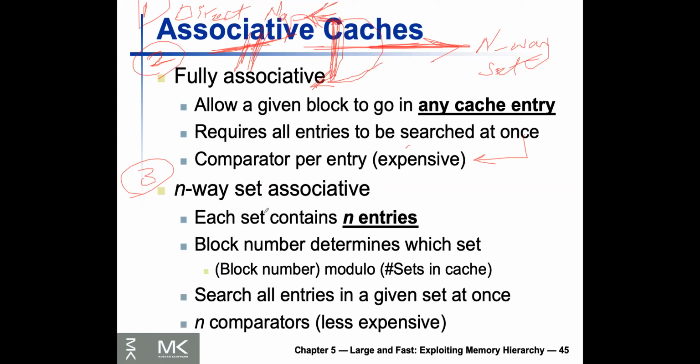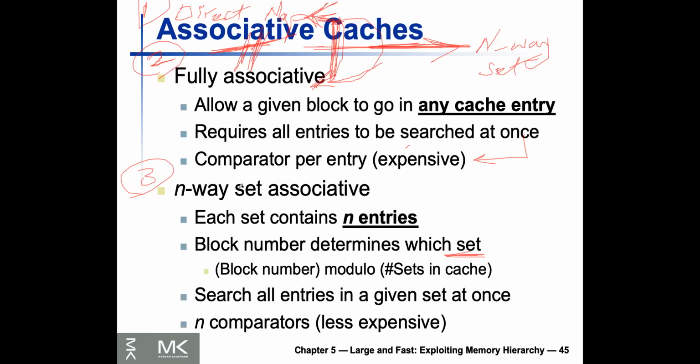Each set contains n entries now, and we need a way to find that set. The easiest way is again another mod: the block number determines which set. So we take the block number modulo the number of sets in the cache.